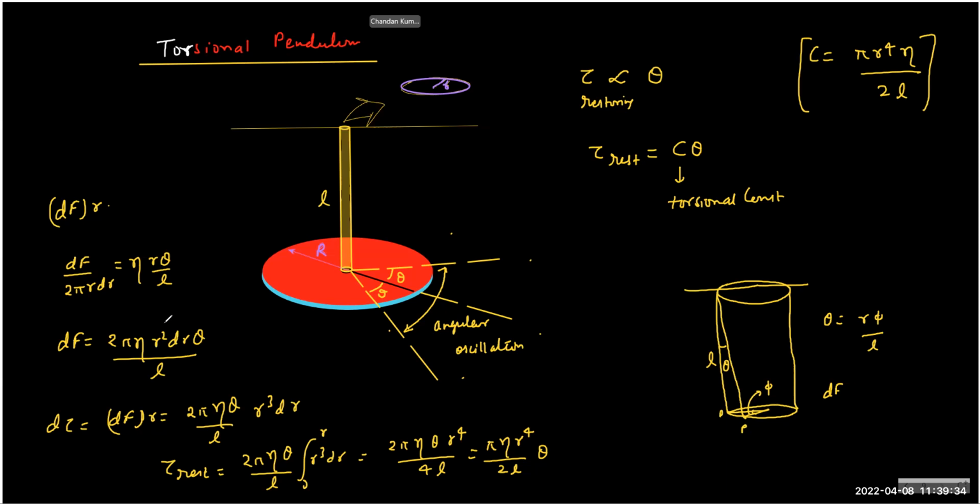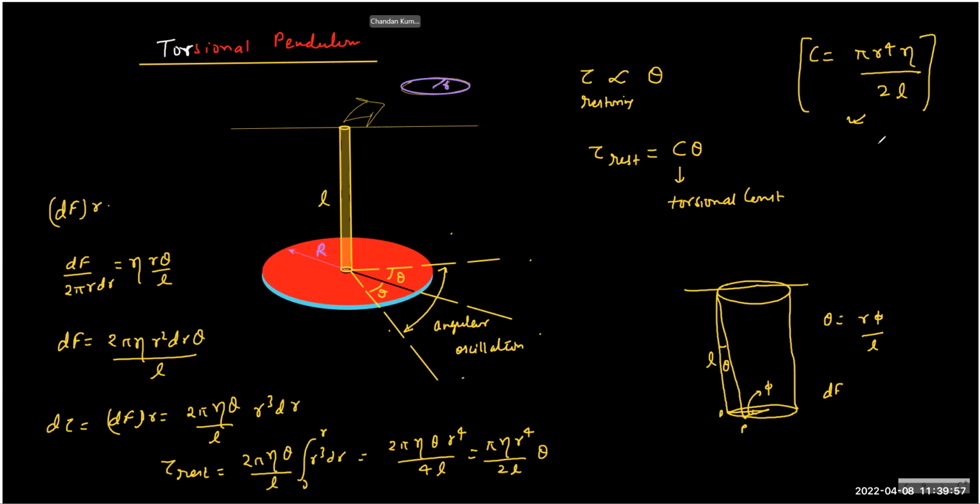Okay, this theta is different from this theta. This is the twist angle, so phi. I have taken theta here as the twist angle, but there it is phi. You can derive it like this, and if you don't derive this, you just remember the formula. The torsional constant is equal to this value. Okay.